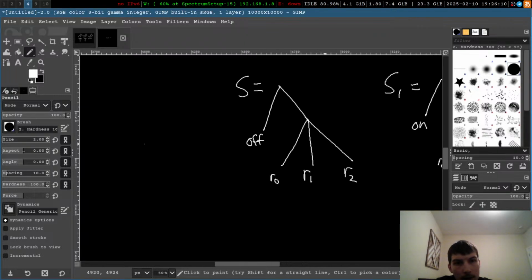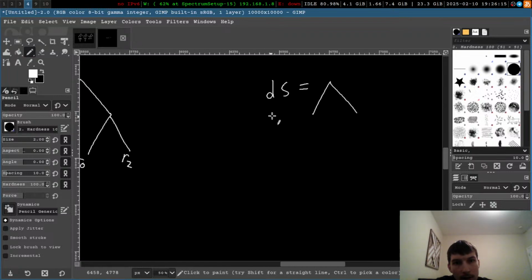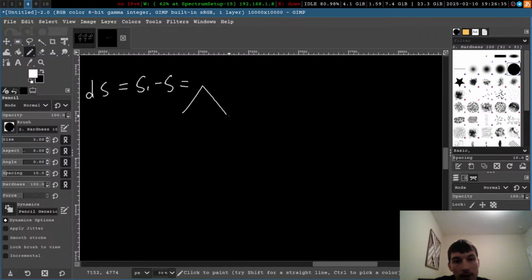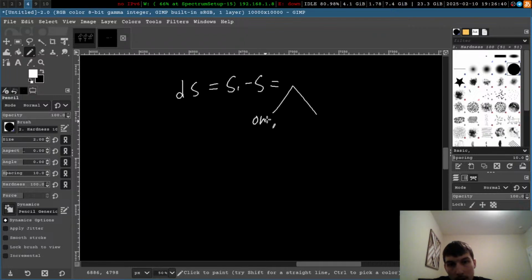And yeah, so dS describes S1 minus S, which also describes this list or tree structure where we have, okay, look, we have on minus off, which means that we have one on and we have -1 off.